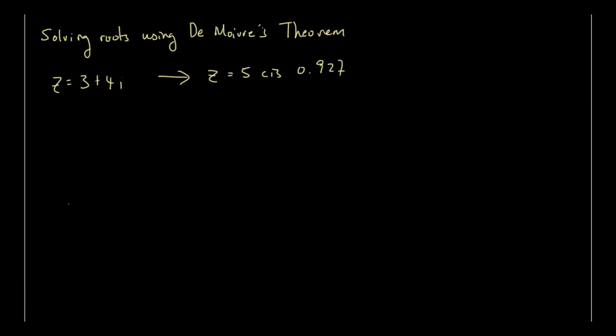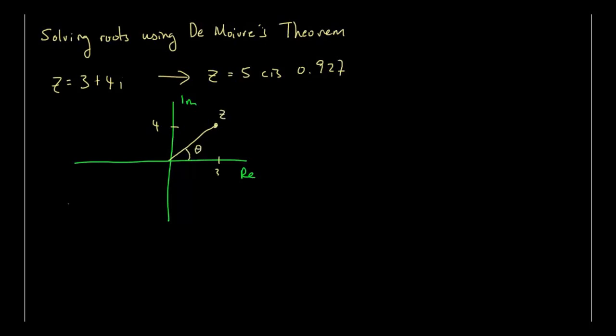Now, if we draw this onto the Argand diagram, that's my real axis, that's my imaginary axis, and if I draw a line here where this is 4, this is 3, this is where my complex number lies, and this is my theta.